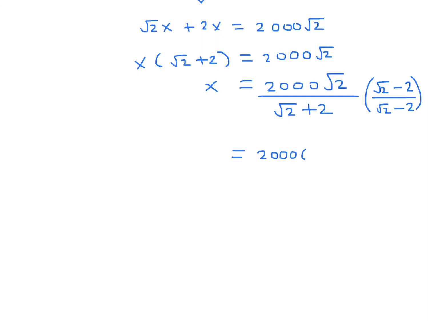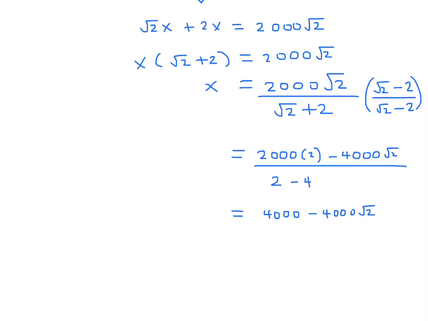2 here, minus 4,000 root 2, like that. And then I got 2 minus 2 root 2 plus 2 root 2 minus 4. So this becomes 4,000 minus 4,000 root 2 over minus 2.